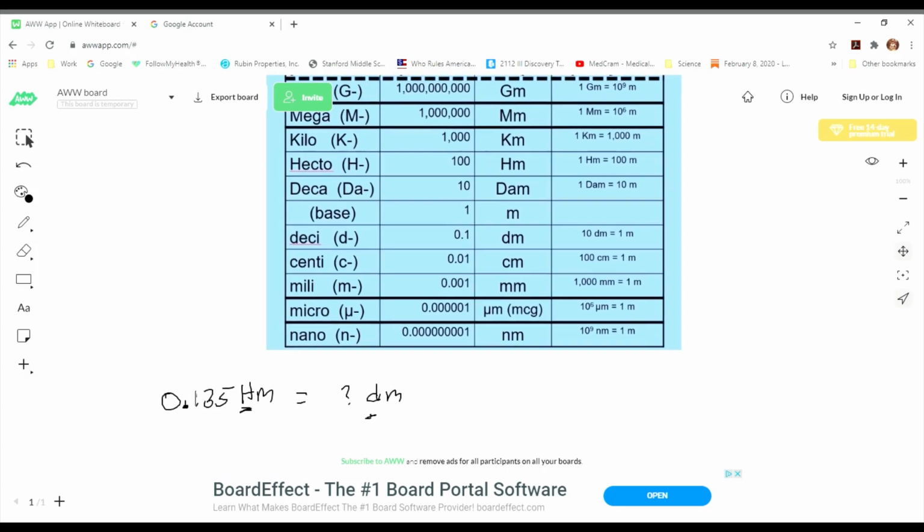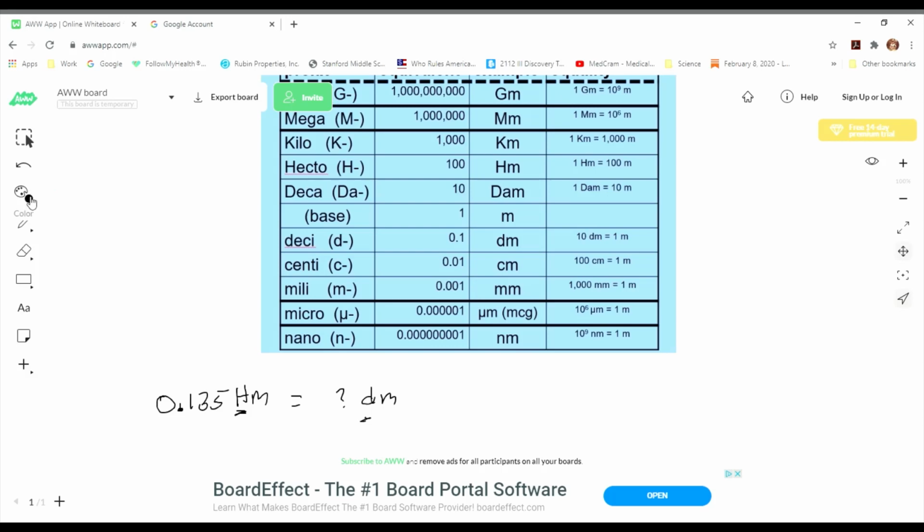Let's use a pen. So hecto is right here. Deci is right here. And in order to turn hectometers into decimeters, I have to turn hectometers to decameters first. Then decameters to meters, the base unit, right? No prefix. And then once you have the base unit, I can turn it into decimeters.